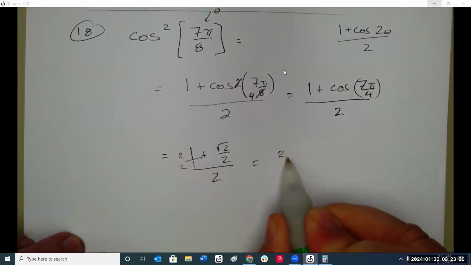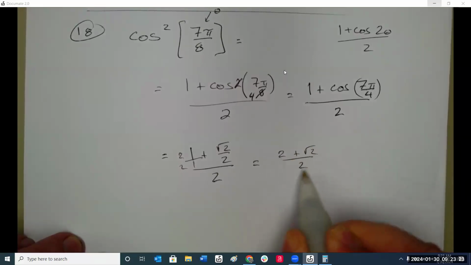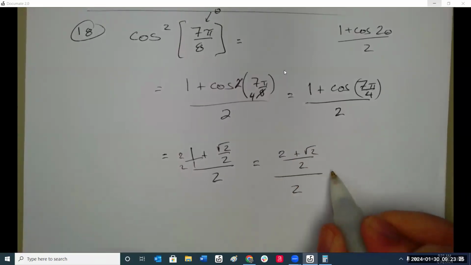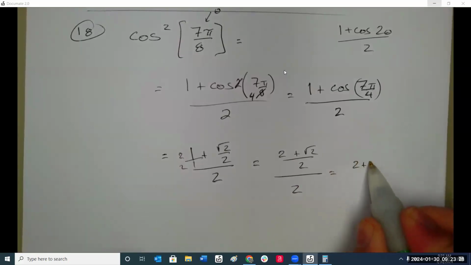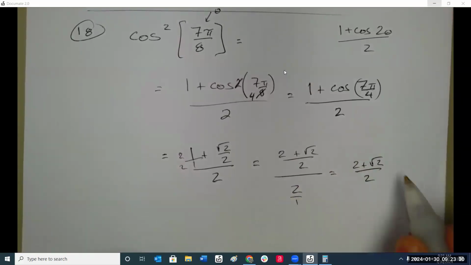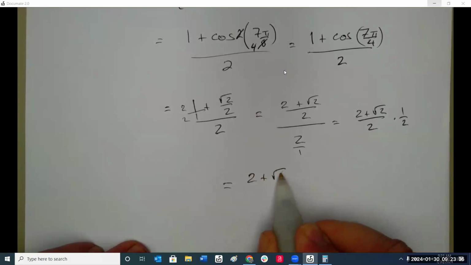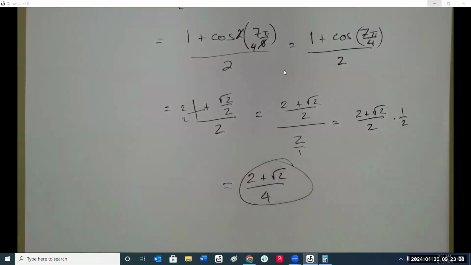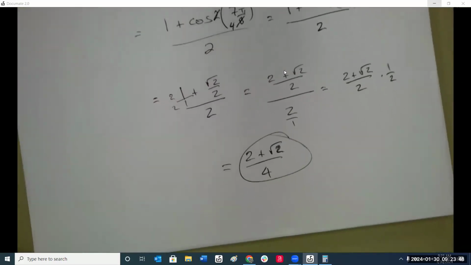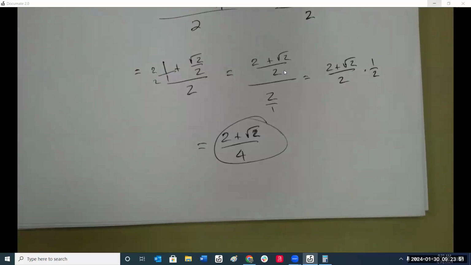So we got 2 plus radical 2 over 2, and then 2 plus radical 2 over 4. There's the answer. Again, same as I told you about calculus, it's just the first step. The rest is algebra.